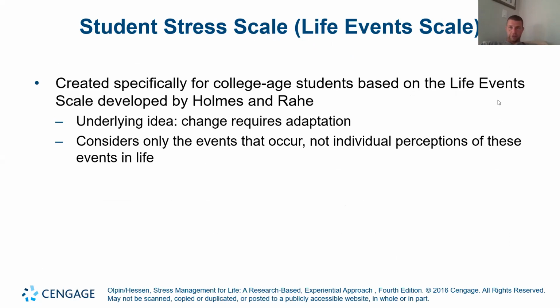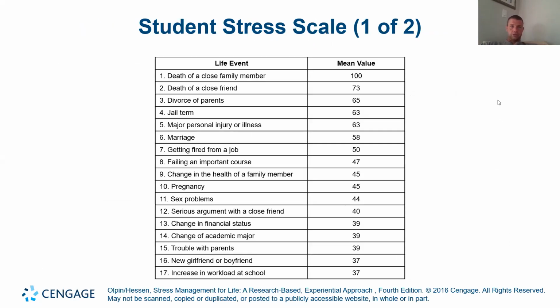Student stress scale, life event scale, created specifically for college-age students based on the life event scale. Here's the stress scale. Death of a close family member, death of a close friend, divorce of parents, jail term.